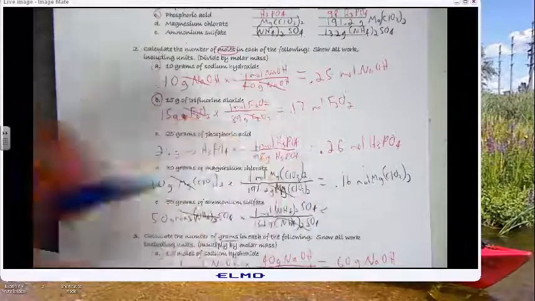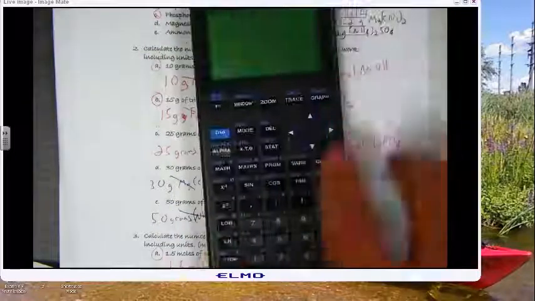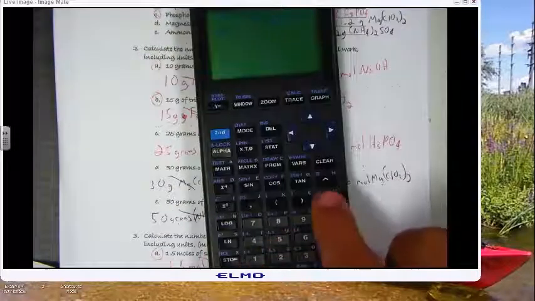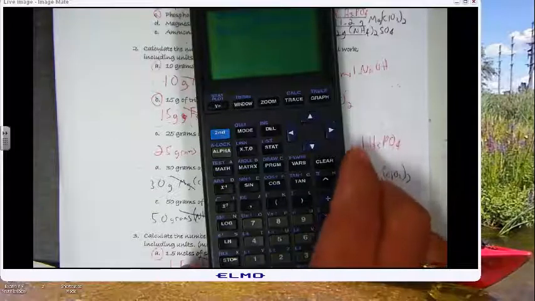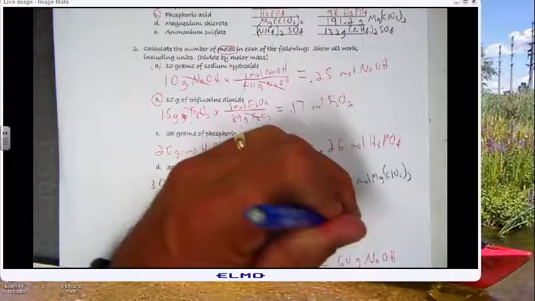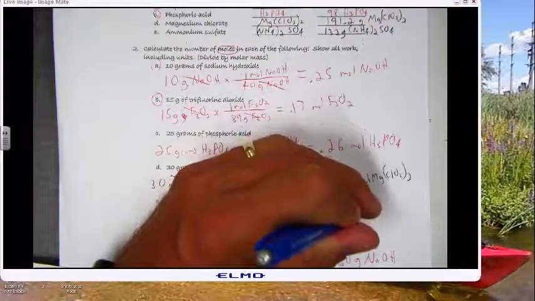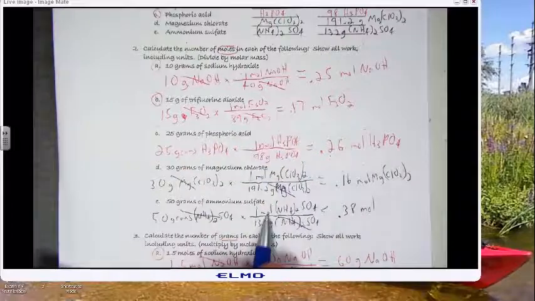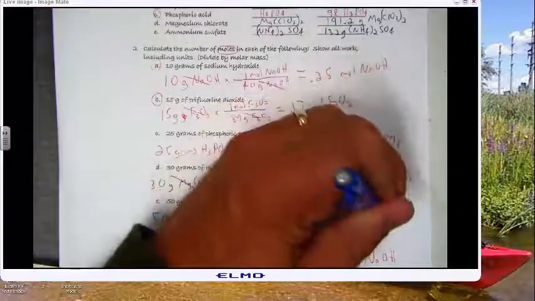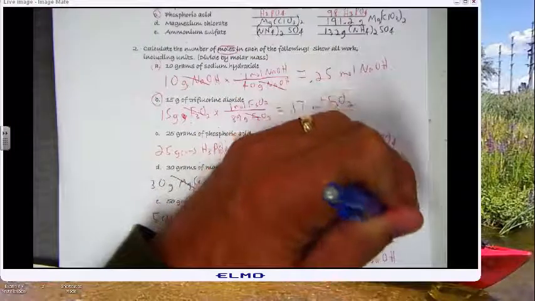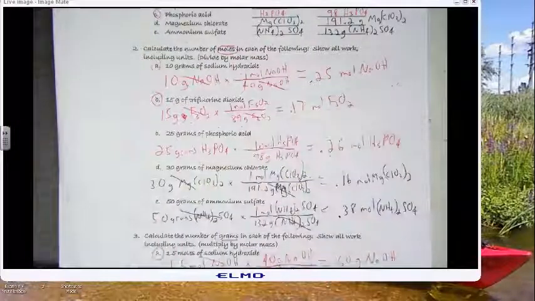These cross out. 50 divided by 132 is 0.38. Moles, because that didn't cross out, and that is what they were asking for. Ammonium sulfate.